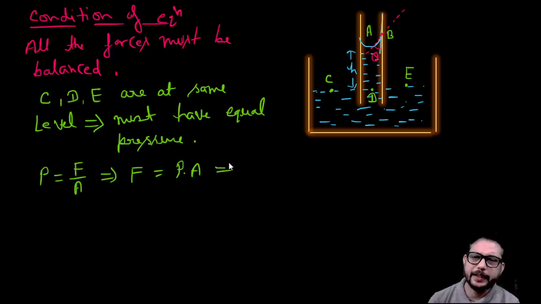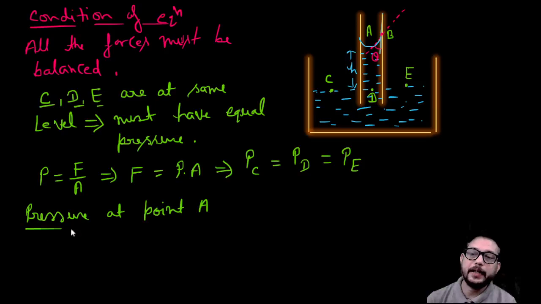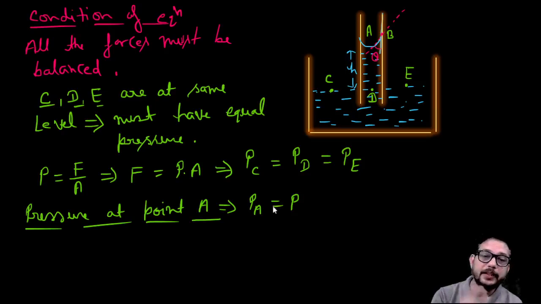So we can simply say that because points C, D and E are at the same level, whatever pressure is at point C must be the pressure at point D, and that must be equal to the pressure at point E. Now if we talk about the pressure at point A, it is the atmospheric pressure, so let PA be P, where P is the atmospheric pressure.